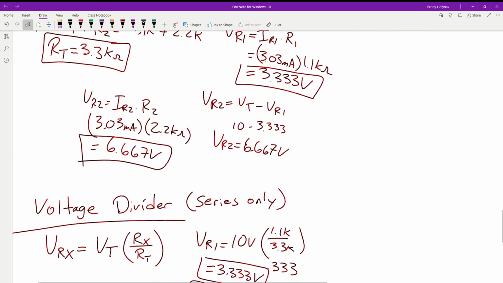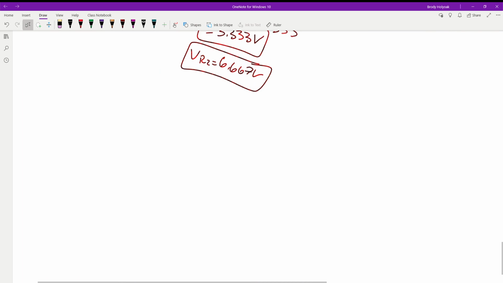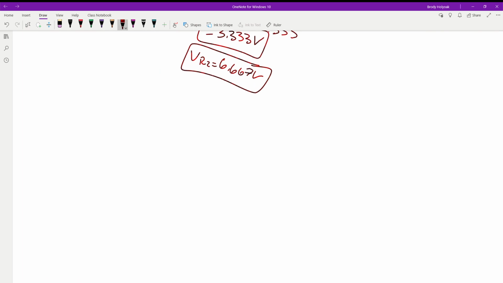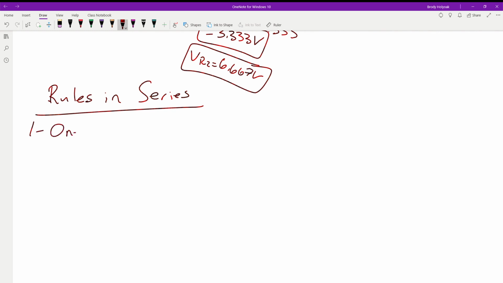So some of the rules that we have for a series circuit. One current source, or one current path.